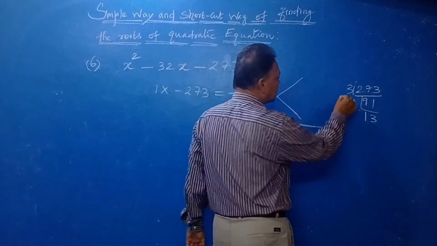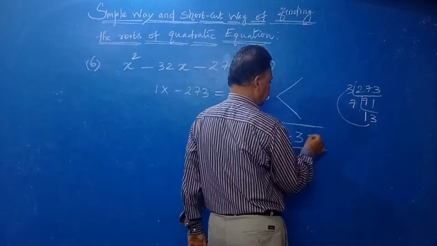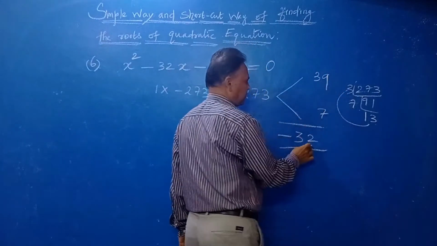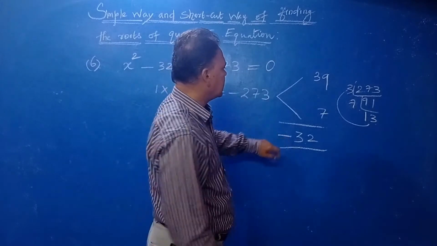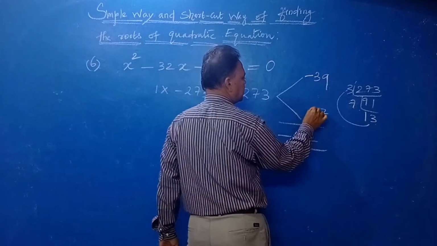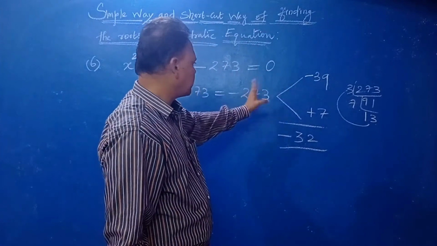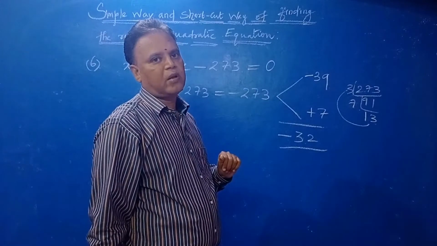Not possible. 3 into 13 is 39, and 7: 32 is coming. Taking 39 and 7: when you take minus 39, the bigger number, and plus 7, the smaller, adding gives −32 and the product also works. So like this you have to do the factorization.